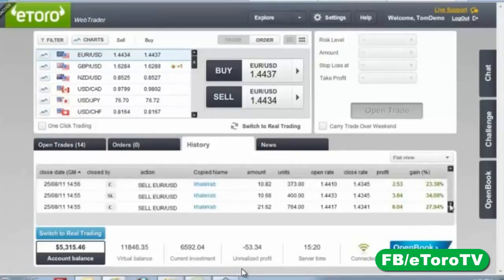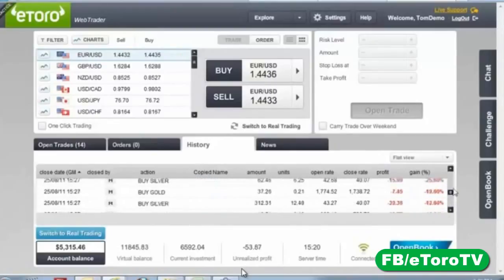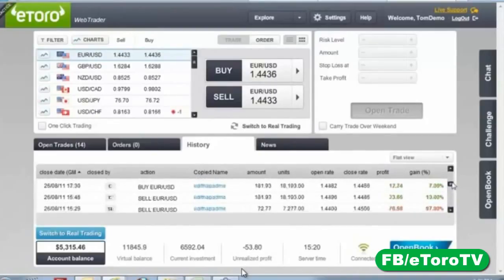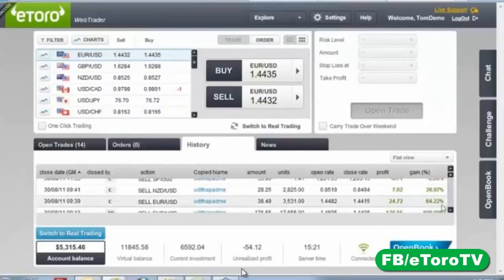Here is the history of my positions. Copied name, profit, the percentage of gain. Some of these are small, some of these are larger, but overall, look at the green. Some of them are red, yes, but much more green than red. And that's the best thing about it, because I didn't do anything here. I really didn't do anything.